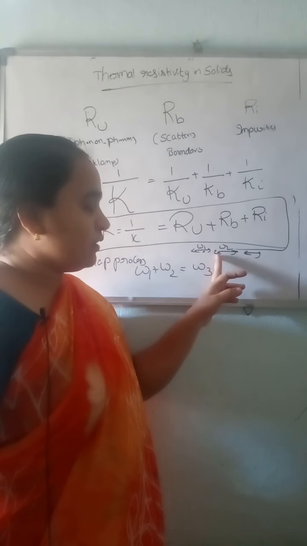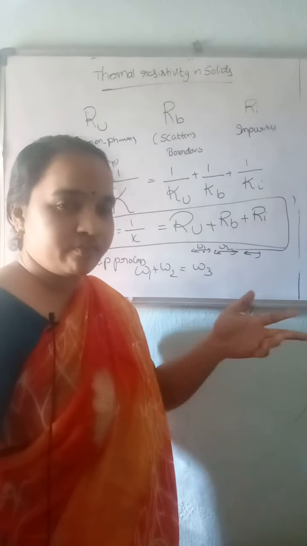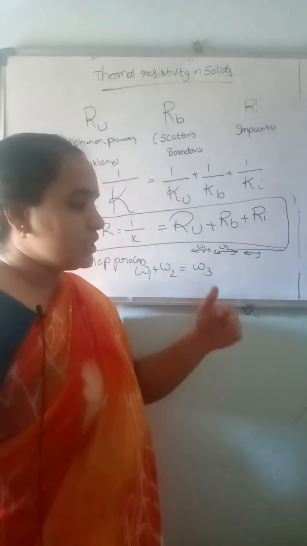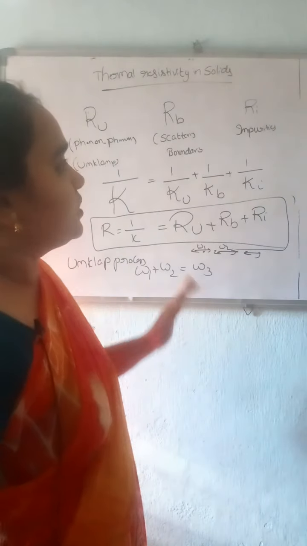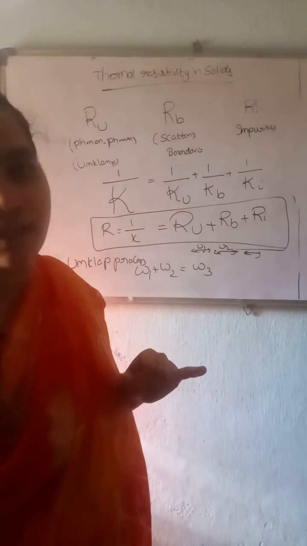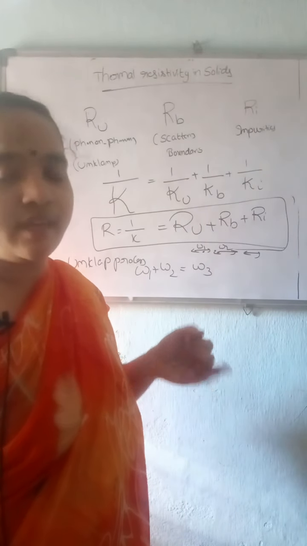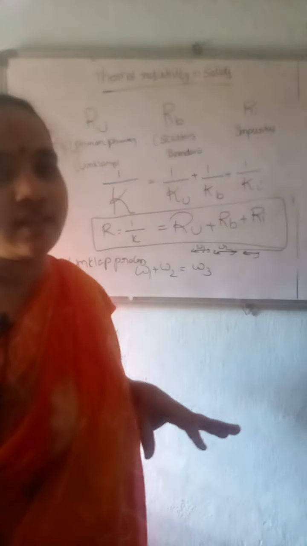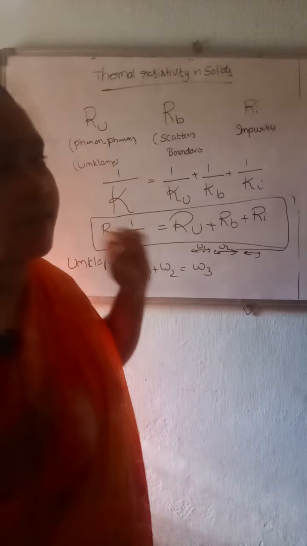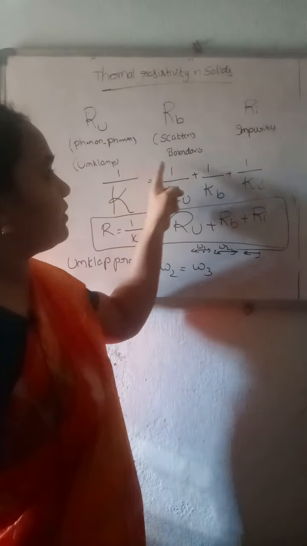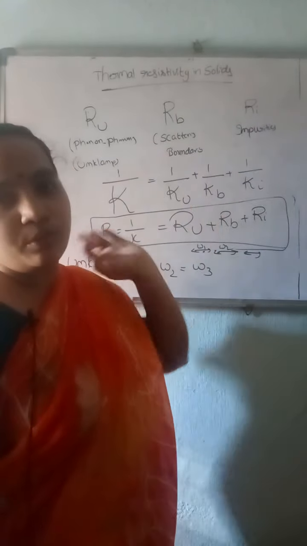Similarly, this third phonon interacts with the next phonon and generates another phonon of a different frequency. This continuous process is called the Umklapp process. This is the main important phenomenon in solids. Along with thermal conductivity, there is thermal resistivity in a solid. Particularly in insulators, the thermal resistivity arises due to three different processes: Umklapp processes, scattering at boundaries, and impurities.